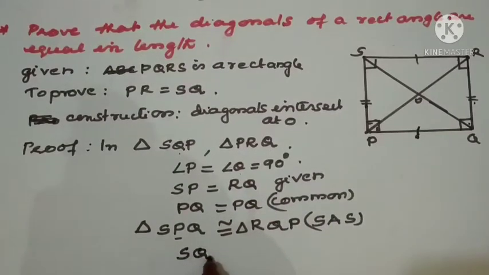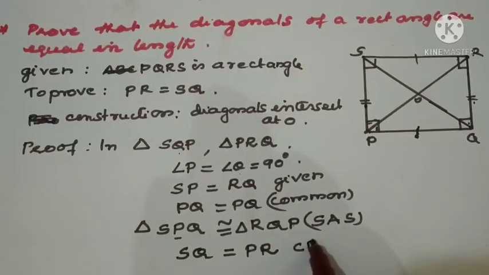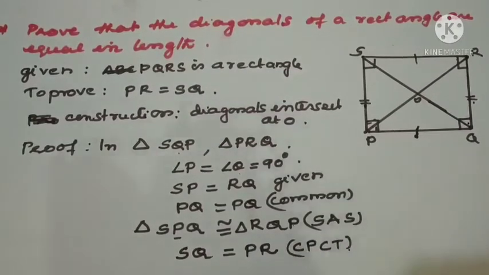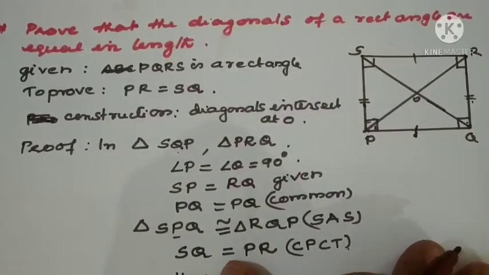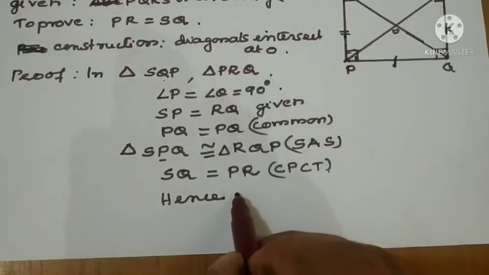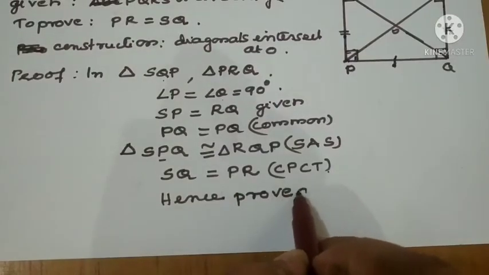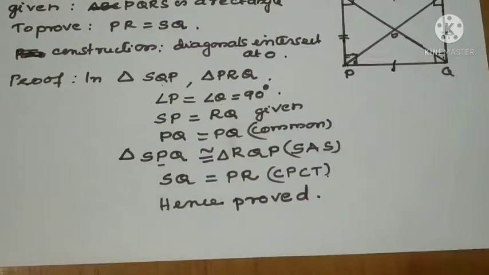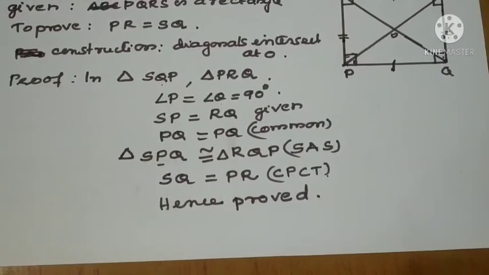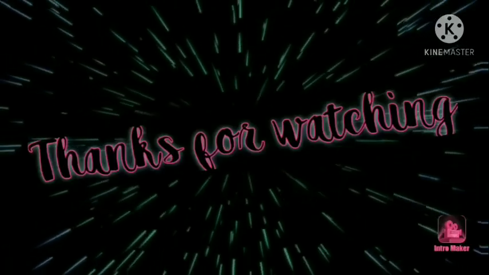So SQ equal to PR, by CPCT. Hence proved: diagonals of a rectangle are equal in length. With this, I am winding up today's class. I think I have given enough problems for the chapter quadrilaterals, so practice more. Thank you.